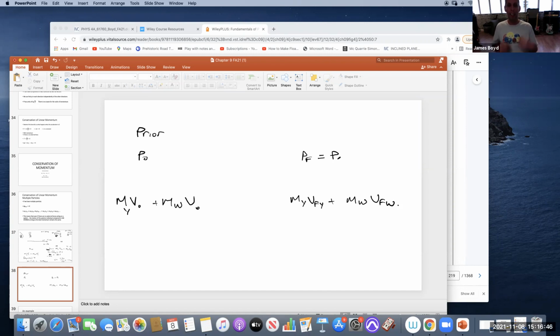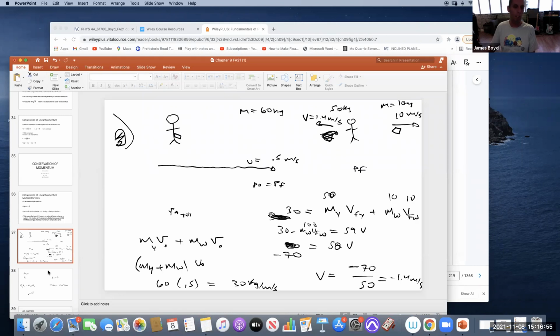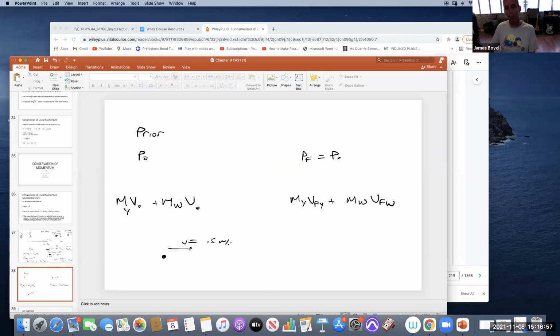Amazingly, here's where center of mass comes in, okay? The center of mass is moving with a velocity of 0.5 meters per second.